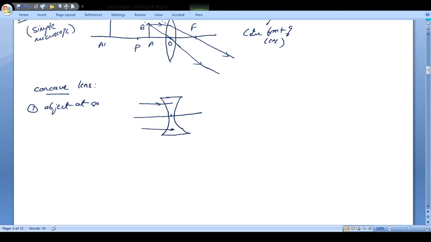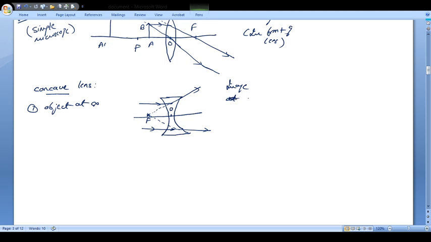And you will find that it will get diverged and it will appear as if it is coming from the focus behind. So this is the focus. This is the optical center. So where is the image? Image at focus.